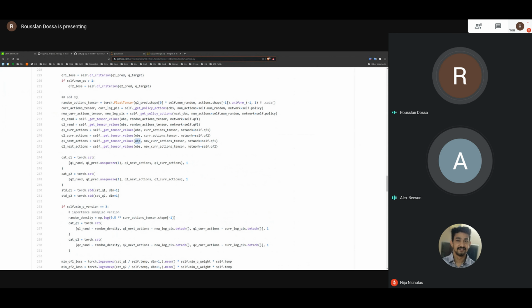Oh yes, because it's not necessarily from a particular policy as such. It's just any action that's kind of not in the behavior policy. Yes. So whatever these two Q value function outputs are, the objective is to actually minimize it.